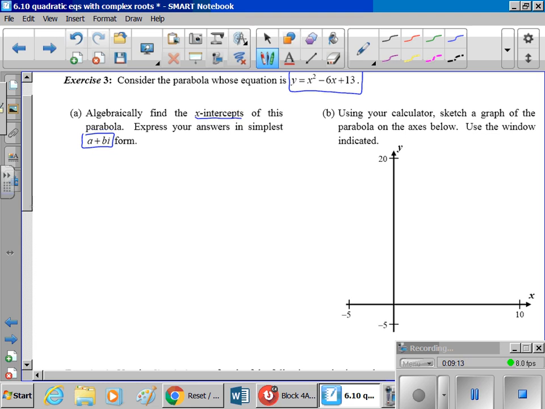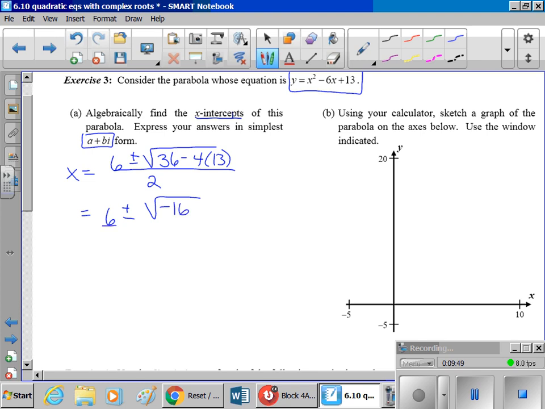So in this case, we have x equals the opposite of b plus and minus the square root of b squared minus 4 times a times c all over 2 times a. So this is equal to 6 plus and minus the square root of 36 minus 52, which is negative 16.